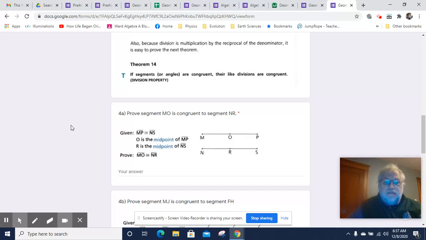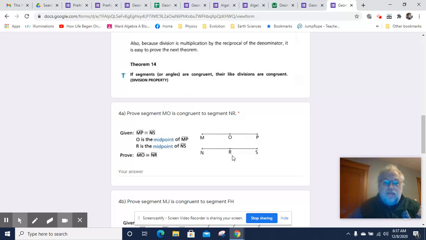So we know that MP is congruent to NS in this picture. So here's MP. We know that is congruent to that. We also know that O is the midpoint of MP and R is the midpoint of NS. You want to think about, what does a midpoint do? A midpoint divides something into two equal parts. So essentially, we are dividing MP and we're dividing NS in half.